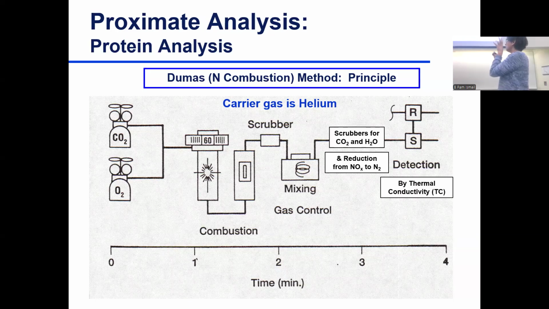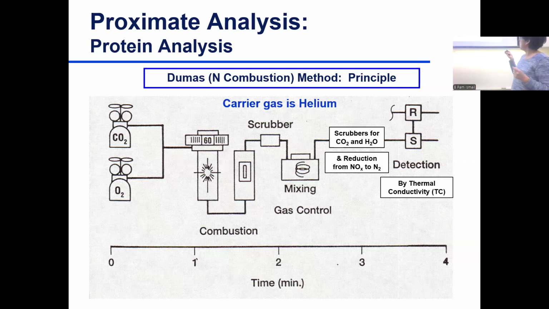And then it goes into either, depending on the unit, a GC column or scrubbers. Our unit has scrubbers to scrub out, that means takes out, CO2 and H2O, and then goes into a copper finger compartment that reduces all of the nitrogen oxides into nitrogen gas.